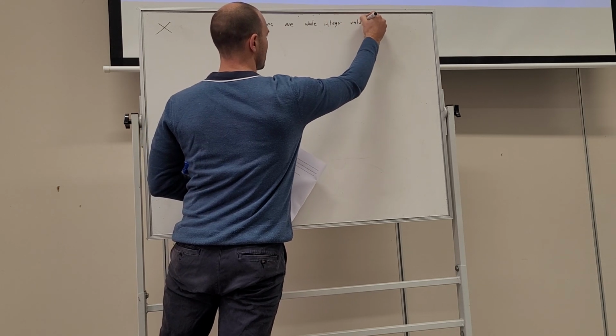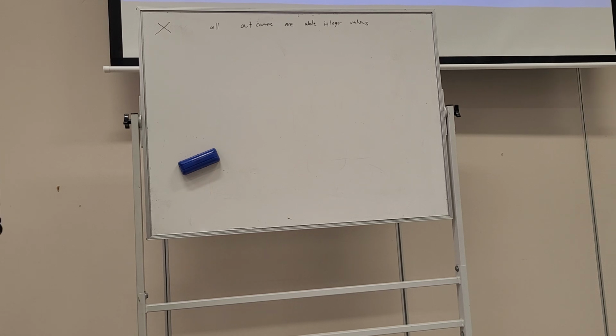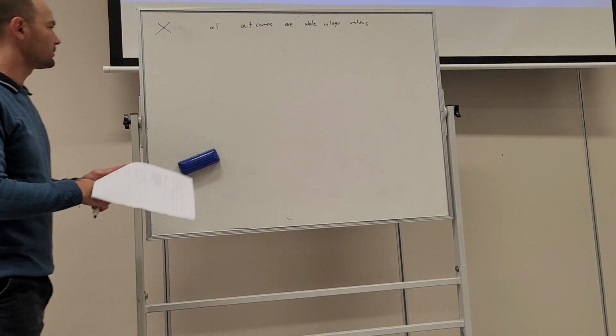Now that word integer, or integer, as some people say, integer is the correct pronunciation, that just means a whole number. All right. So that's part A. Part B, state the possible values of X.